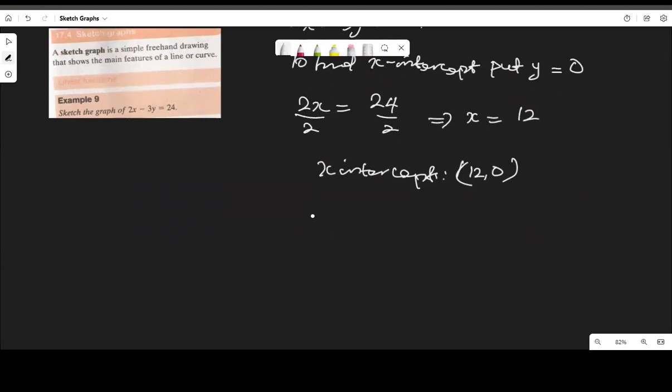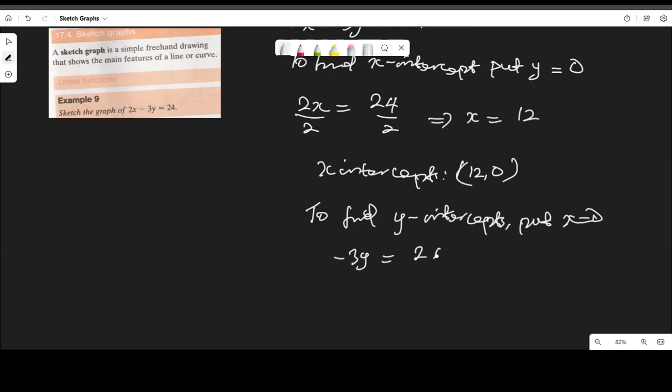Then we do the same thing for y to find the y-intercept. We put x to be 0. And the equation is 2x minus 3y equal to 24. If I put x to be 0, the whole of this term will be 0, so that I have negative 3y equal to 24.